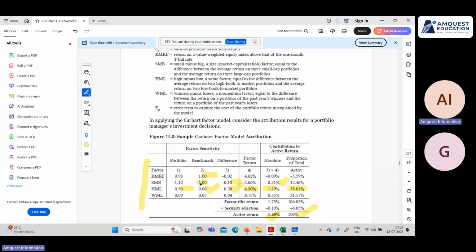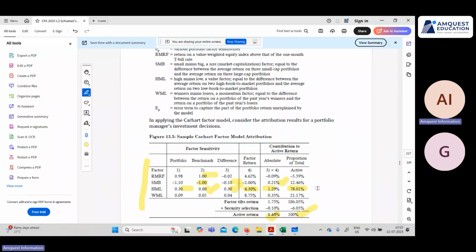It looks like a large cap, but I would say a large cap blend, because I don't see anything major in any of the sensitivities, while the portfolio was a large cap value tilt. And we also saw at the end that the major contribution was given by the value tilt, which was around 78%.